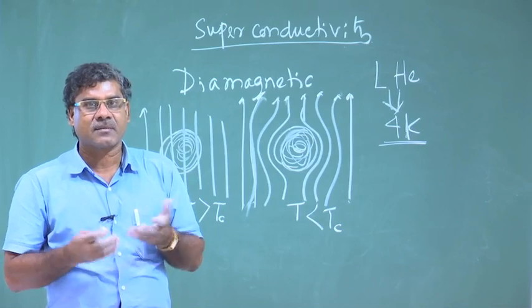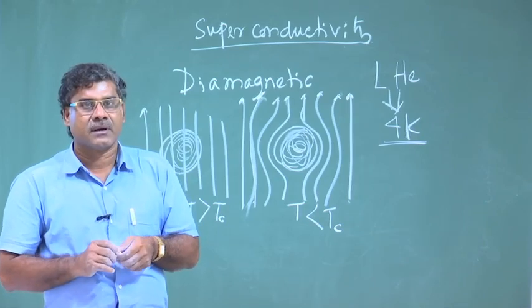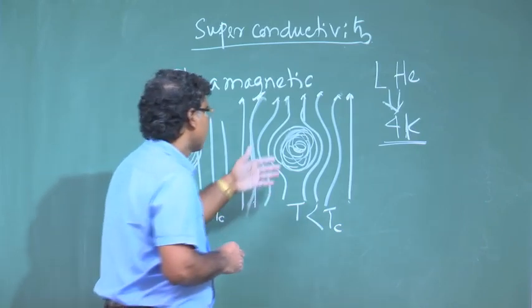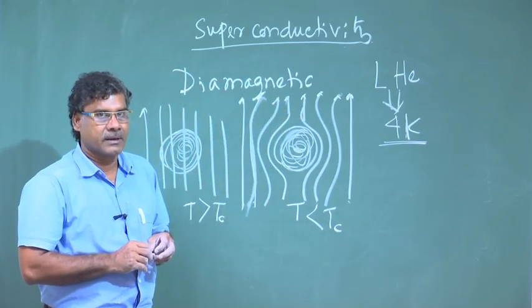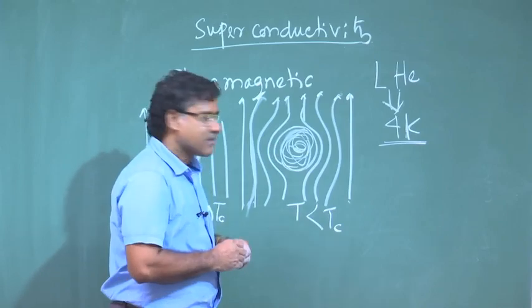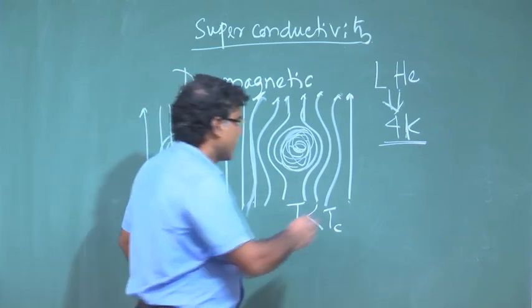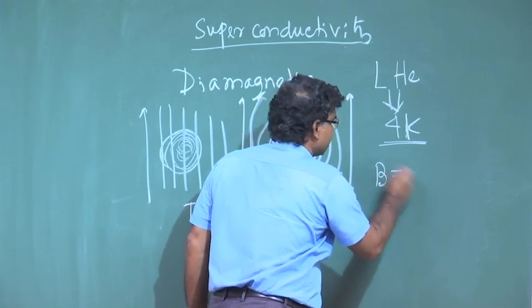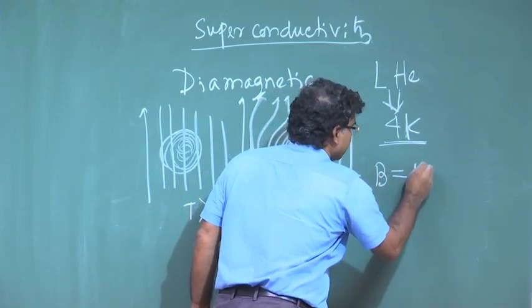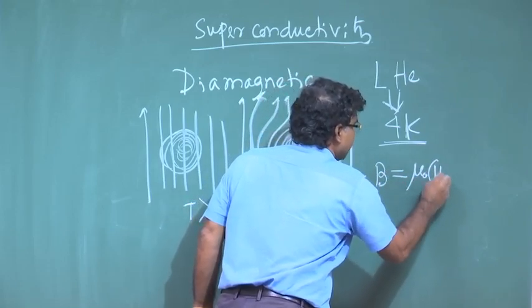In case of a diamagnetic material, the magnetic field cannot penetrate it. So, in case of diamagnetic, what happens? You know B equals mu 0 (H plus m).